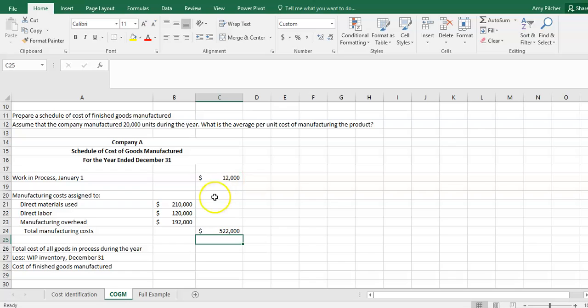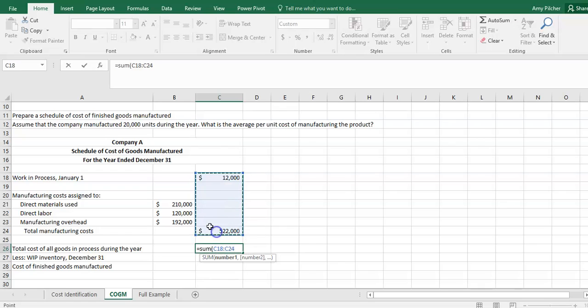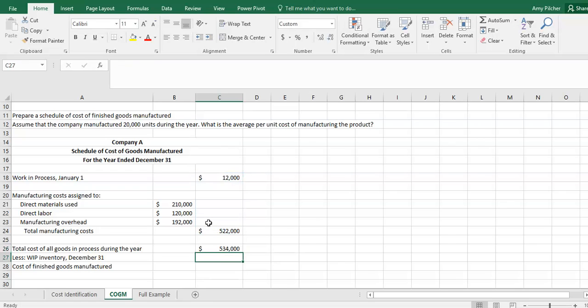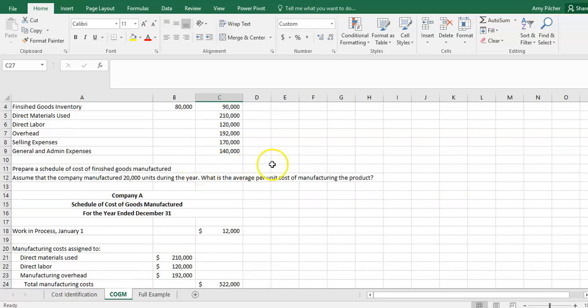Then we want to add those manufacturing costs to our beginning work in process to give us the total cost from the year. The next step in the schedule of cost of goods manufactured is subtracting our ending work in process inventory.